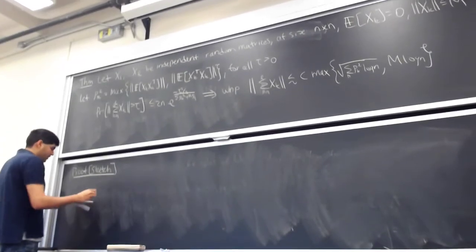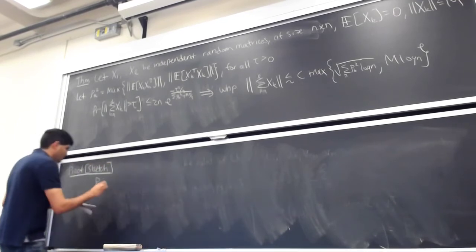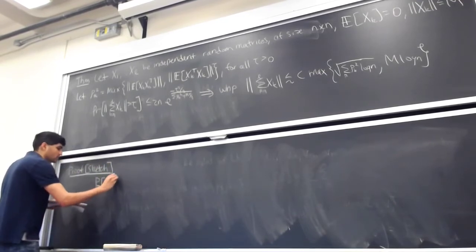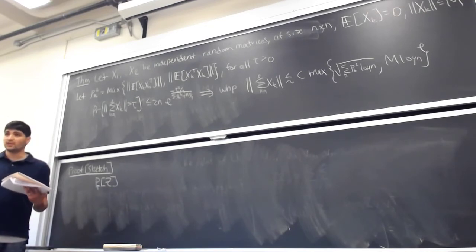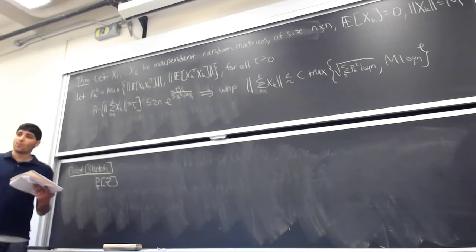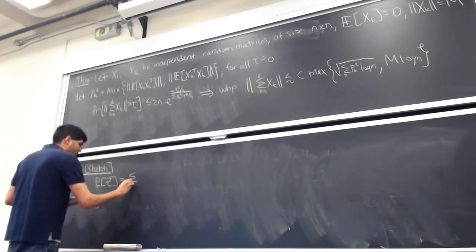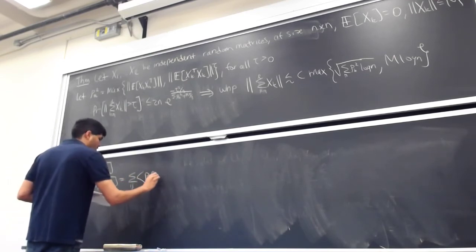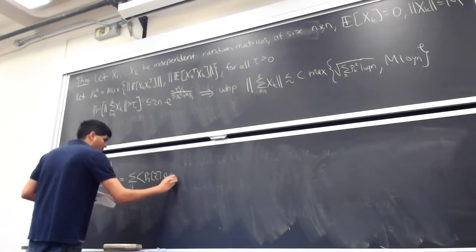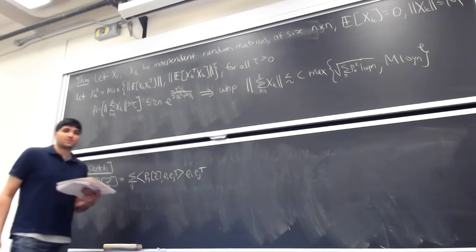Okay? So let's think about what this operator PT of Z is. First thing I want to do is give you a more convenient representation of PT. Then we're going to use that to give a more convenient representation of PT R_omega PT. So what I claim is we can just write this out explicitly as the sum over all ij of the inner product between PT of Z and e_i e_j transpose times e_i e_j transpose.